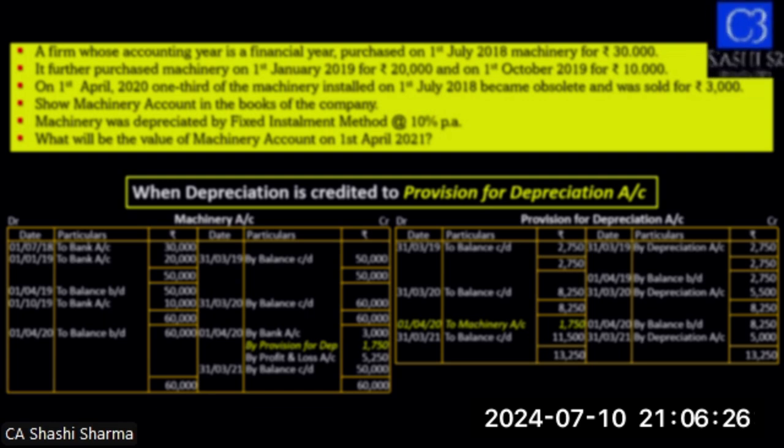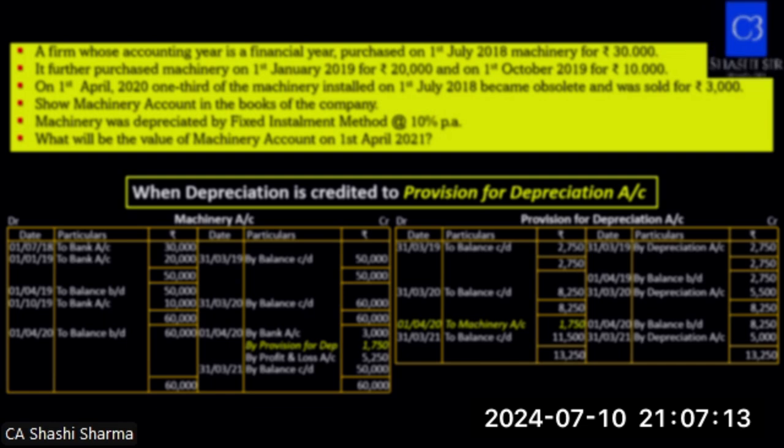Once again, there is another method in which the asset disposal account is prepared. Actually, the third method is a variant of this second method. We prepare two accounts, one for asset and one for provision for depreciation. But when the asset is sold, then everything relating to that sale transaction is debited or credited in a different account.